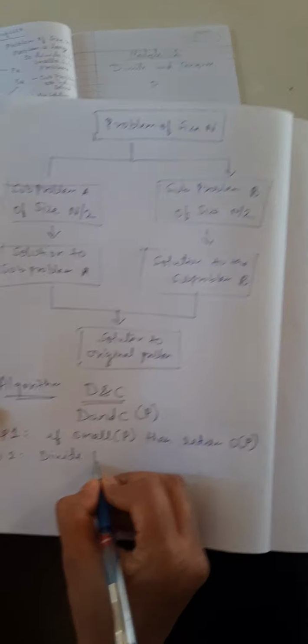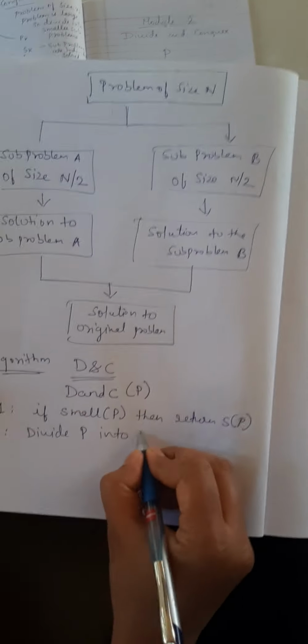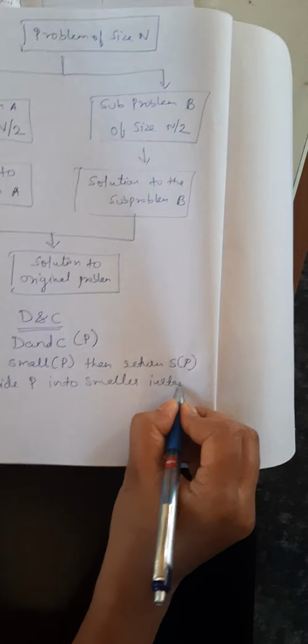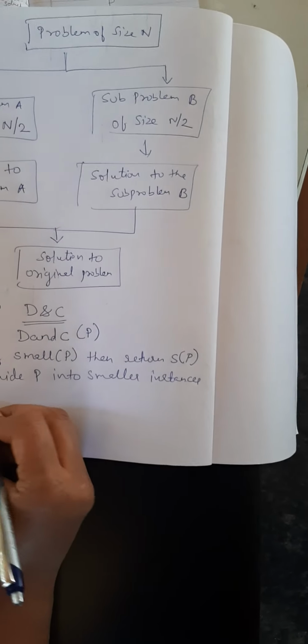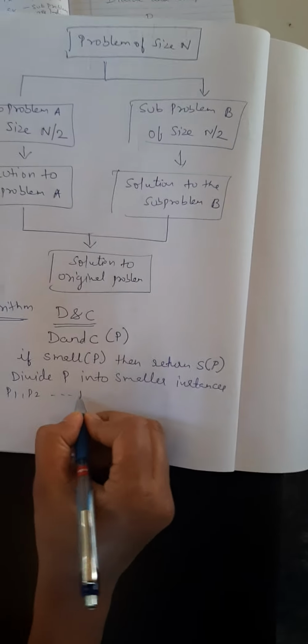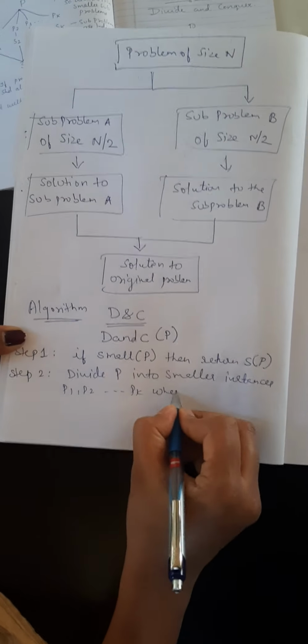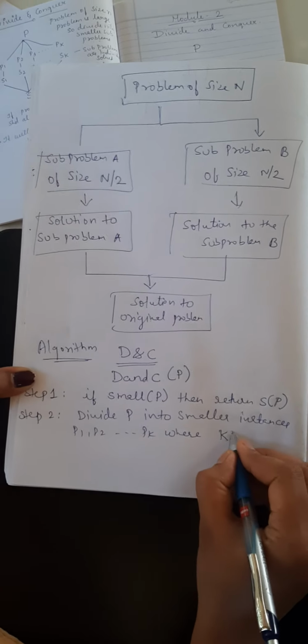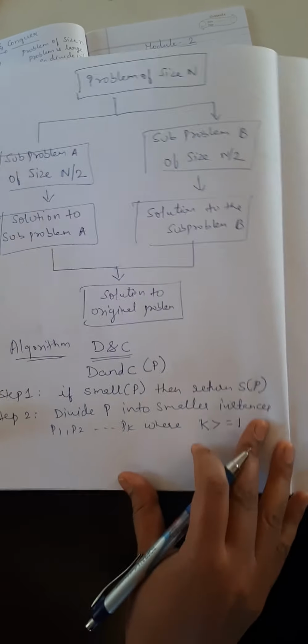Step 2, divide P, that is the problem, into smaller instances, say P1, P2, so on, Pk, where at least there should be one problem, so that K should be always greater than or equals to 1.